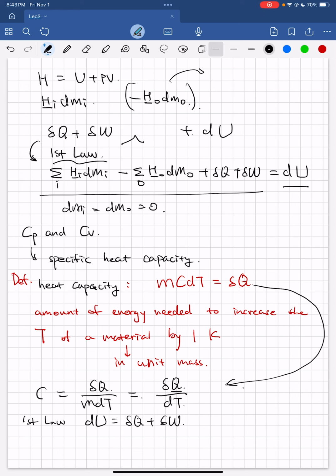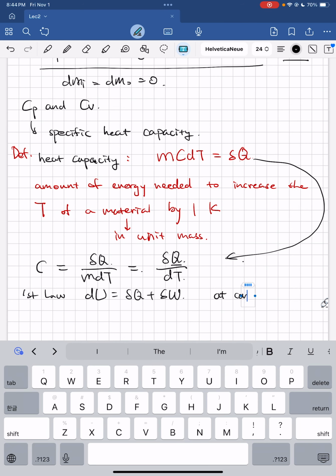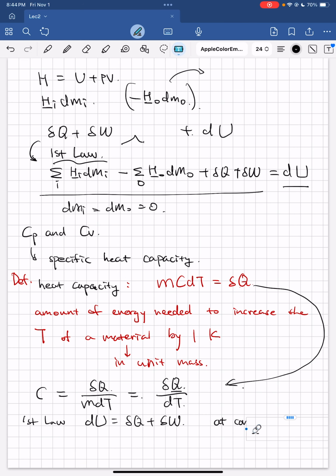And when we assume no work is done, so this is at constant volume. All right, let's bring this.